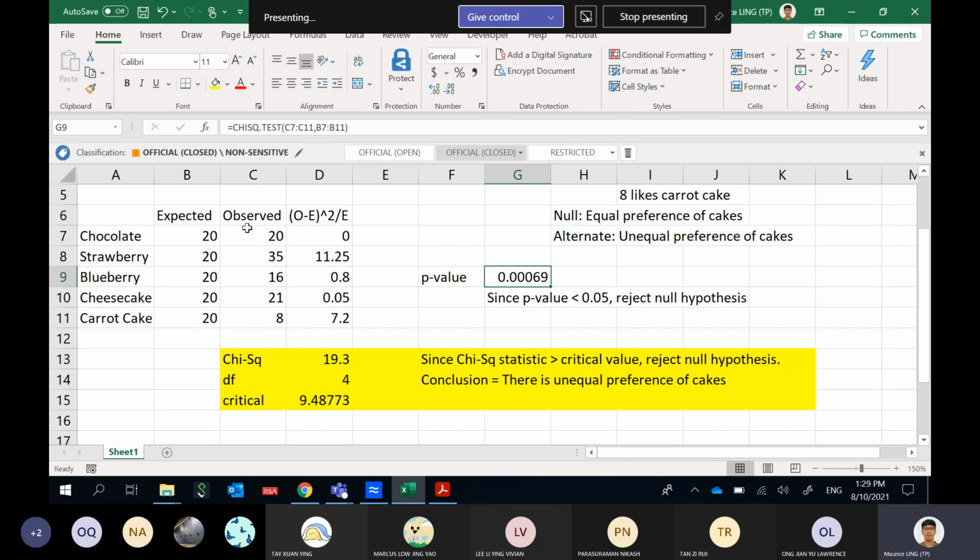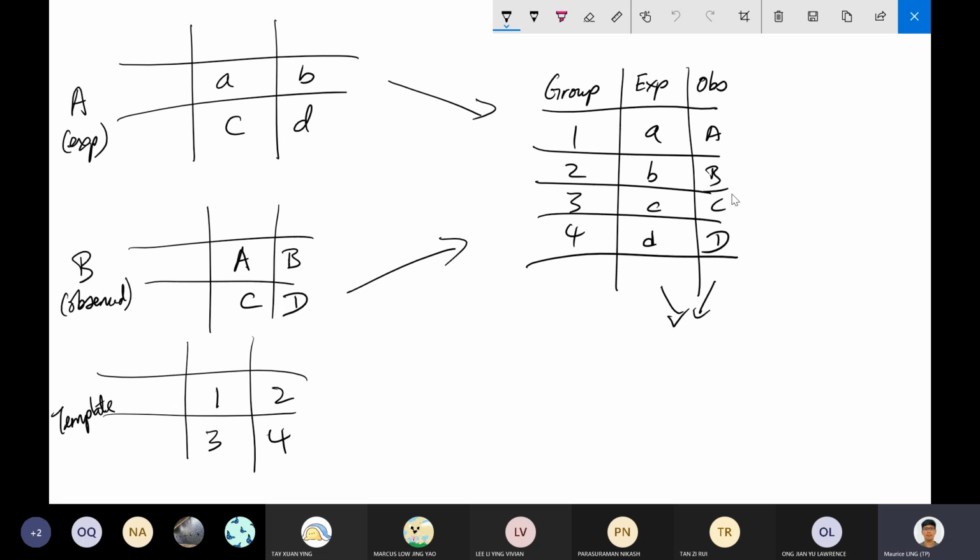Because why? Here the degrees of freedom is 5. If you take this part and calculate the p-value directly, the degrees of freedom is actually 3, correct?